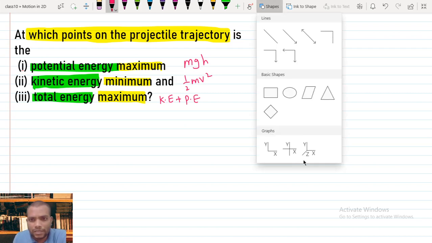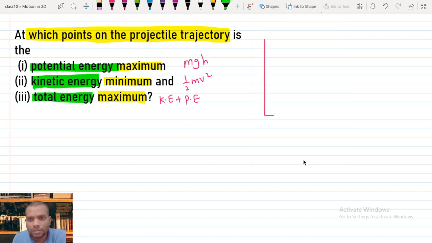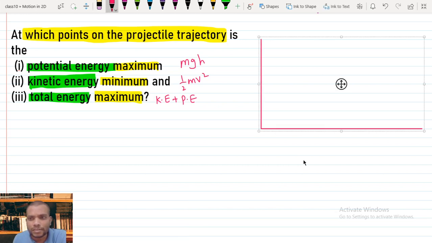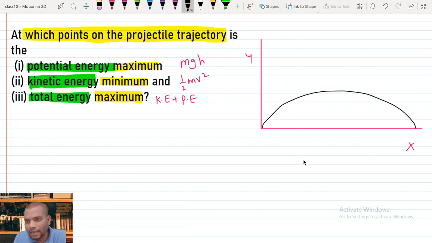Now we need to specify and show in the projectile motion where these points are. Suppose I take this projectile motion in the x and y plane, and a projectile is projected with an angle theta with the horizontal. Where is the potential energy maximum? Think in common sense.